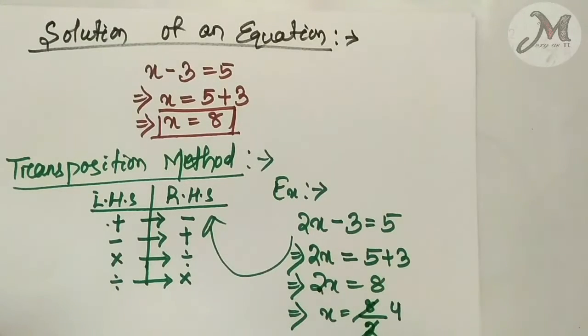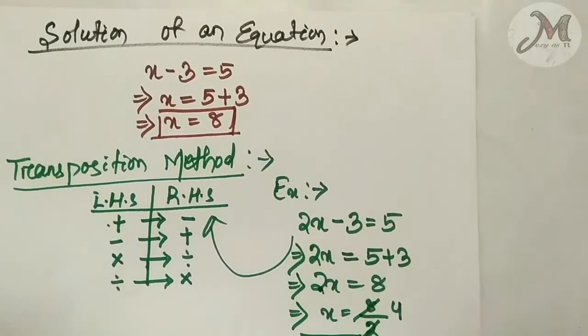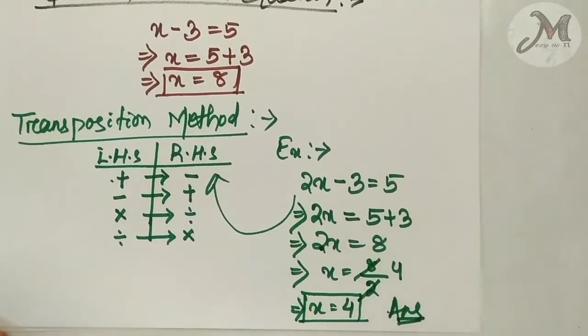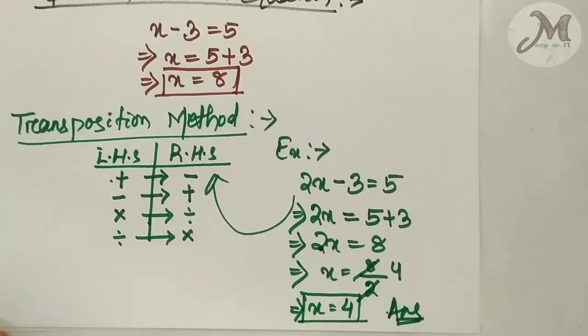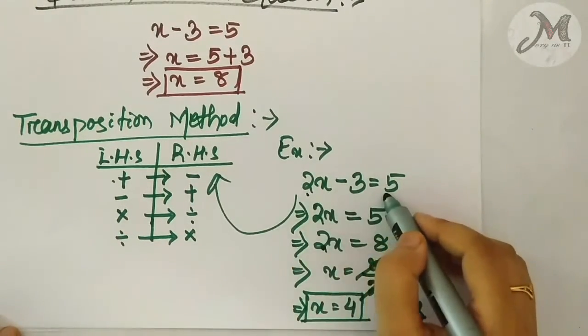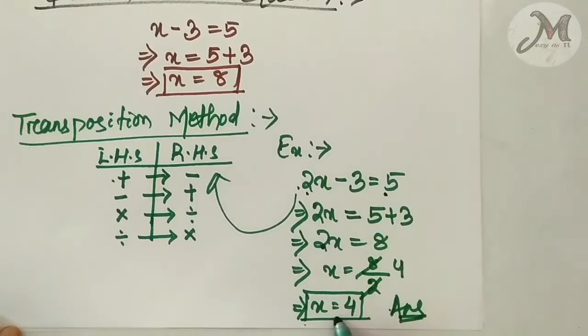So x is equal to 4. So this is the final answer. x is equal to 4. This is the solution of the equation 2x minus 3 is equal to 5. The solution is x is equal to 4.